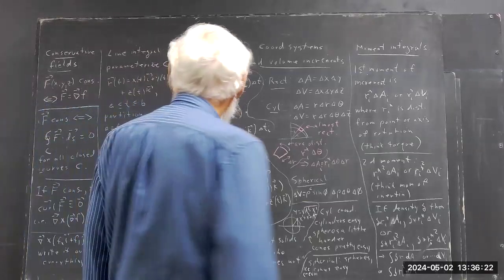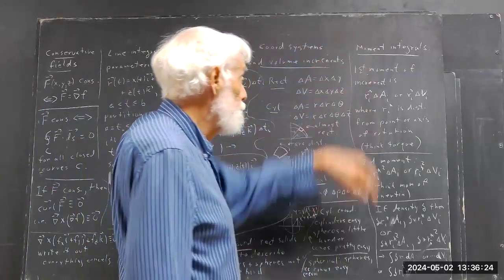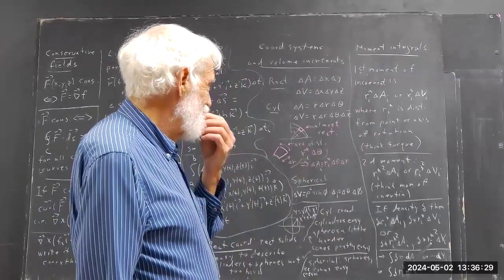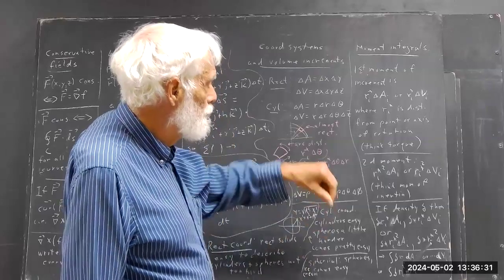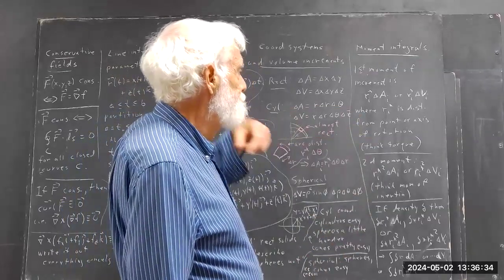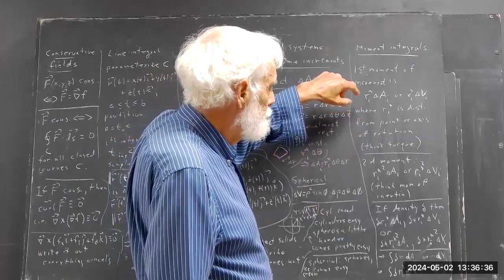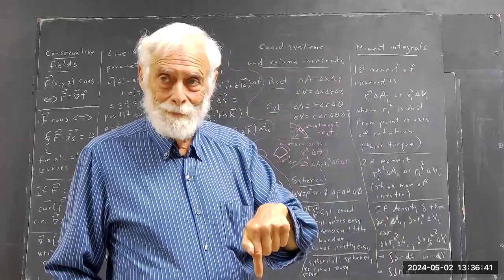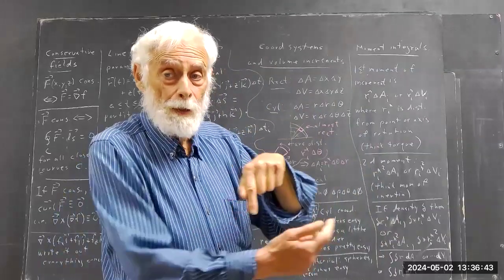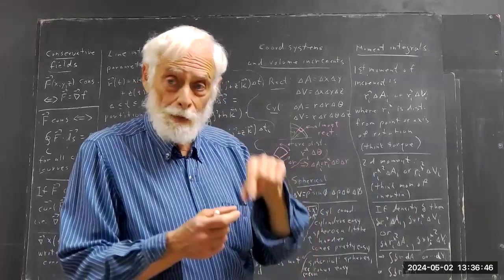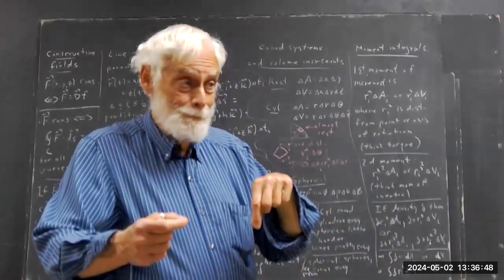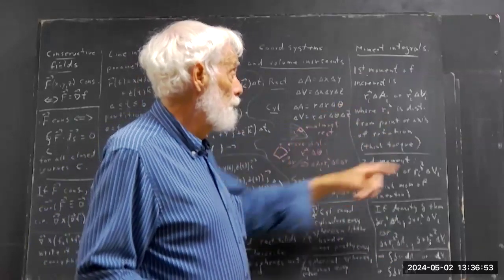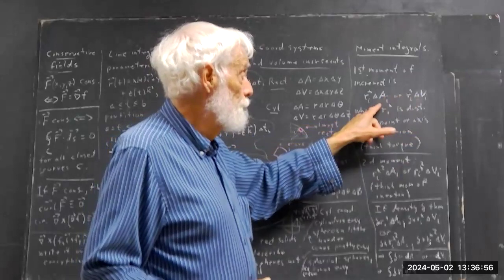Now we get to moment integrals. First moment increment: for a moment, you've got an axis, and you want to know the moment about that axis. You take the distance from the axis to your point and multiply it by your area increment.